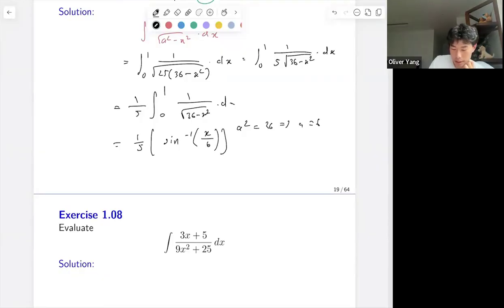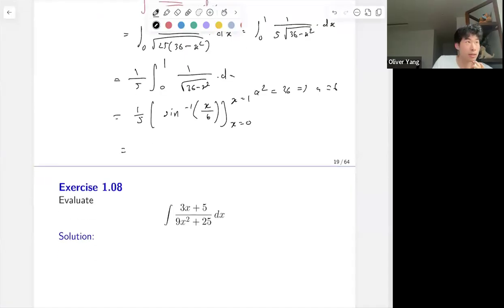And our terminals are x equals 0 and x equals 1, so we're just going to substitute that in. It's just a definite integral. So we get 1 over 5 times sine inverse of 1 on 6, minus sine inverse of 0 on 6. Okay.